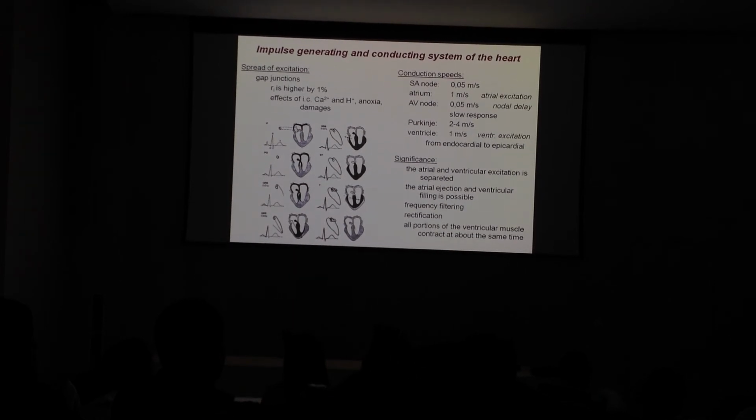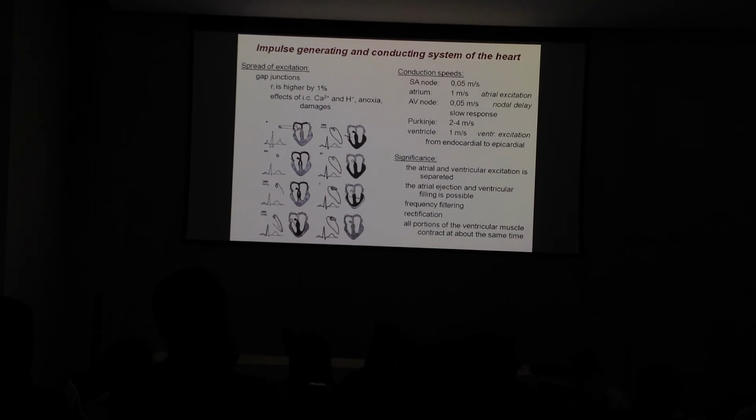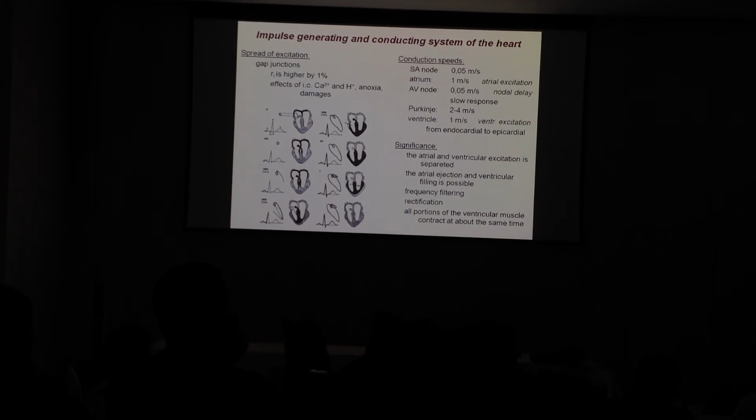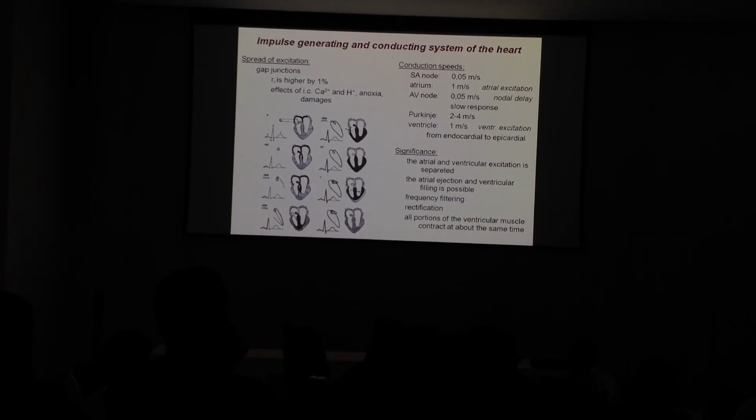Very important. Now, there is another side of the question. What happens if the AV node is completely blocked? Do not allow the action potentials to cross.